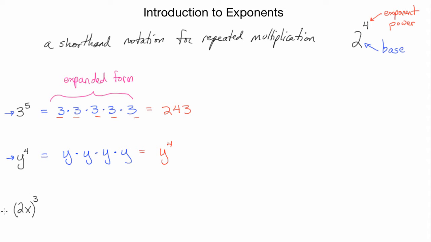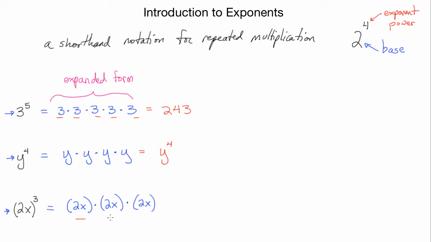I got 2x, so there's my algebraic expression, all multiplied to the 3rd power. Well, that 3rd power means I've got 3 of them, 2x times 2x times 2x. So again, it's repeated multiplication.